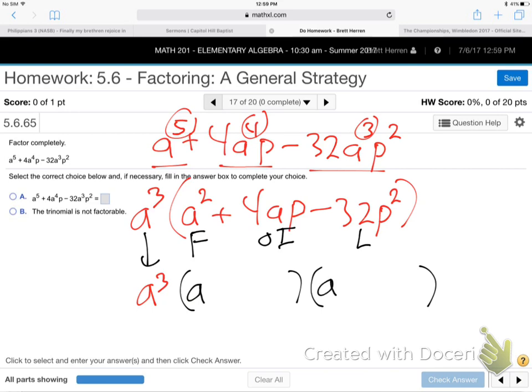So A times A is A squared. Good. For the front. Now what about the last?